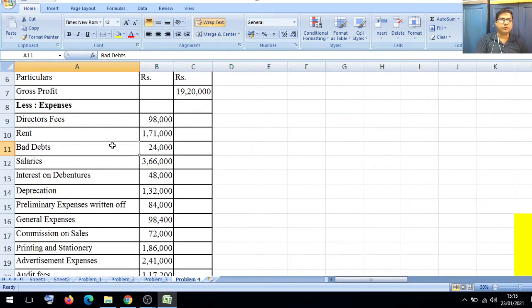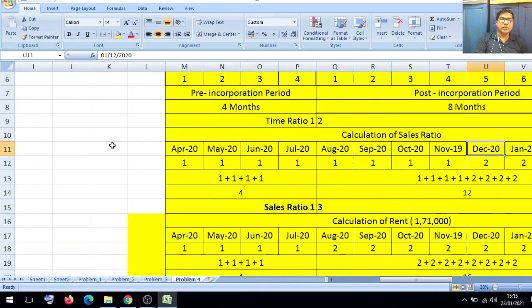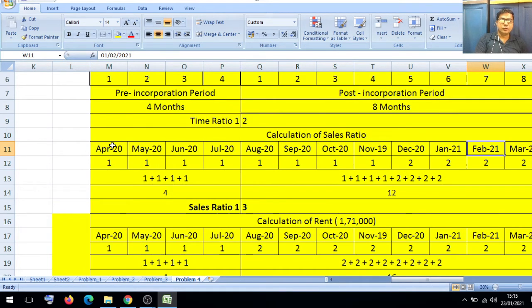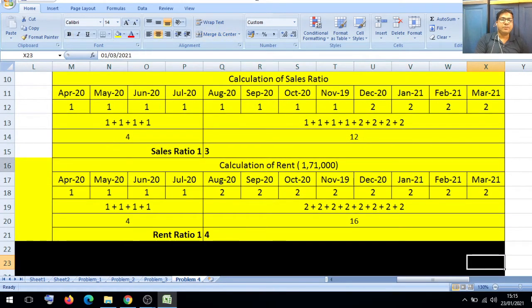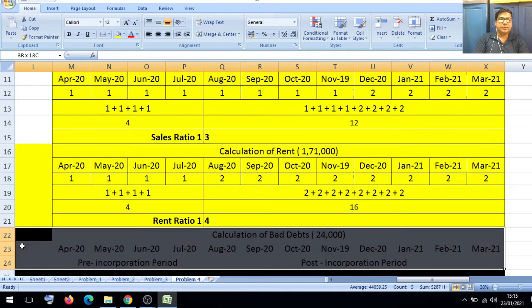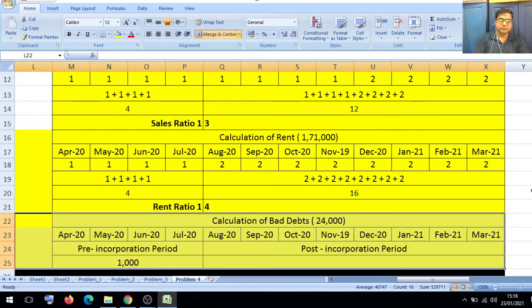From this 24,000, the 1,000 amount is related to 2 years ago. Whenever the bad debt is from 2 years ago, we can say that this 1,000 is a pre-incorporation period bad debt.